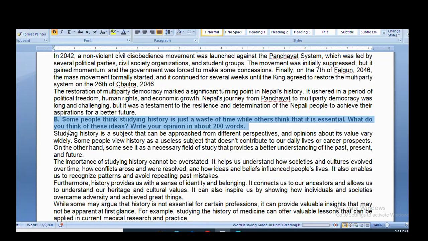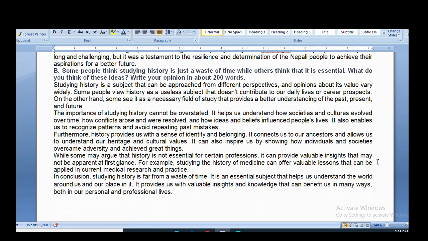Question number B. Some people think studying history is just a waste of time, while others think that it is essential. That is important. What do you think of these ideas? Write your opinion in about 200 words. Studying history is a subject that can be approached from different perspectives, and opinions about its value vary widely.